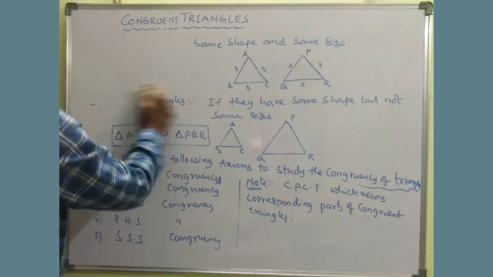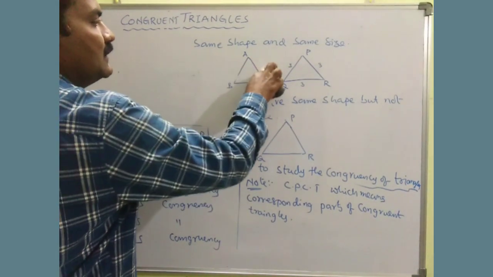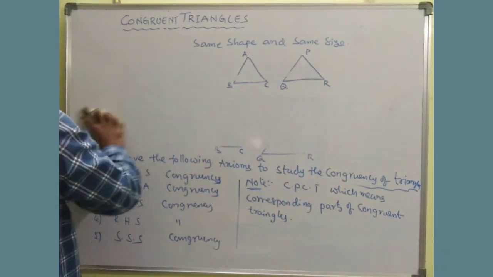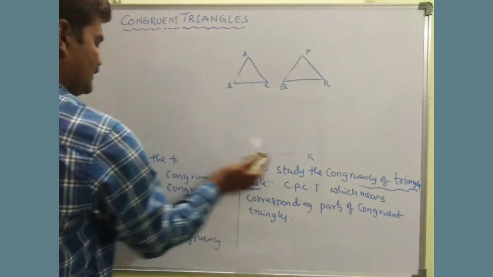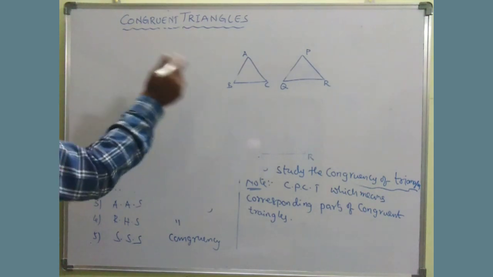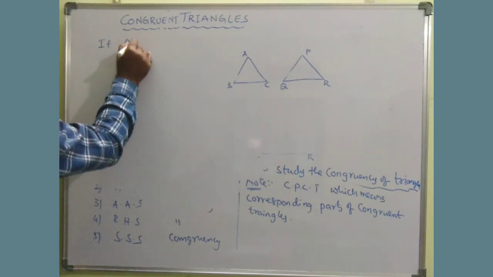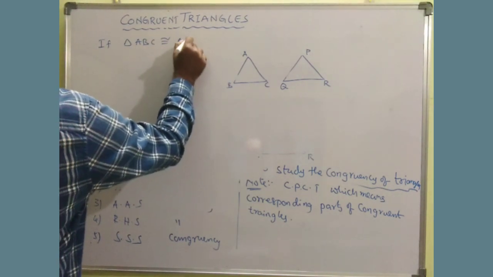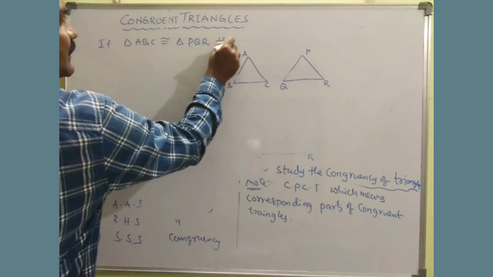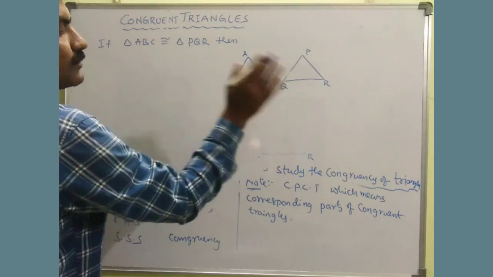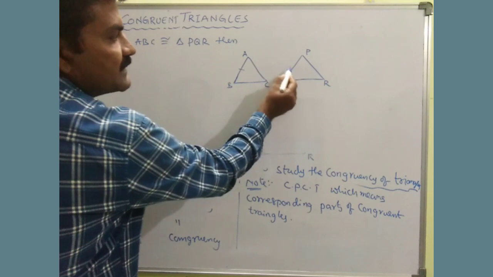See, for example, just now we mentioned, suppose these are the two triangles which are congruent to each other. If triangle ABC is congruent to triangle PQR, then you know what we can say? Corresponding sides are equal: AB, and its corresponding side will be PQ.